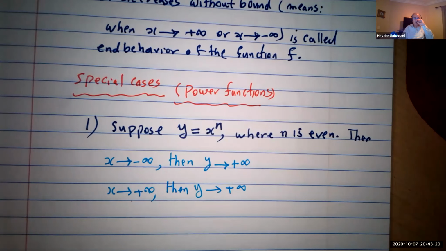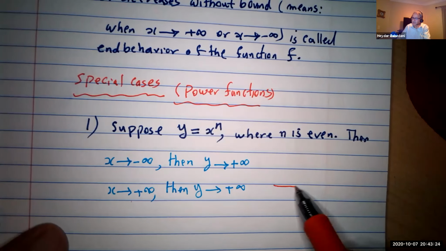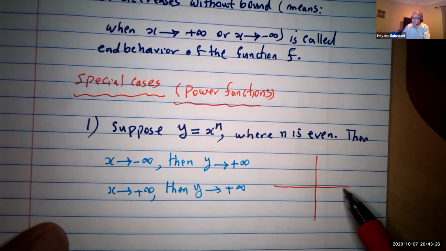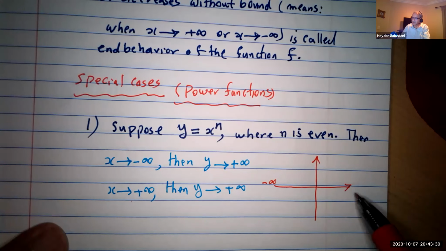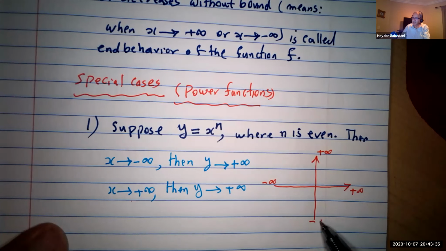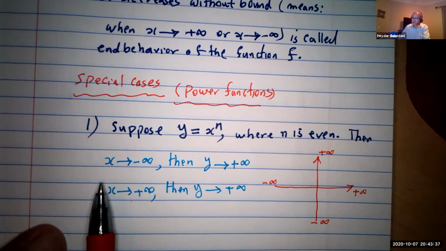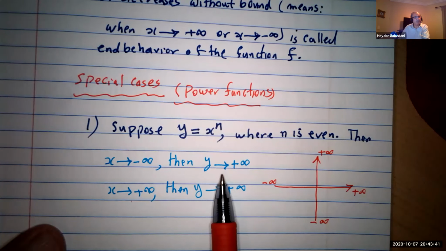Okay, so what does it mean when you want to graph the function? Look at this one. This is a negative infinity, this is positive infinity. This is a positive infinity, this is a negative infinity. So when x goes to negative infinity, it means you're moving from here. So the value of the function is positive.